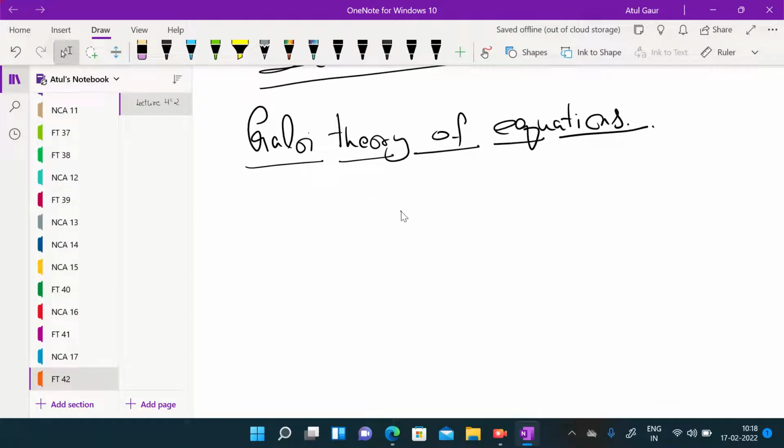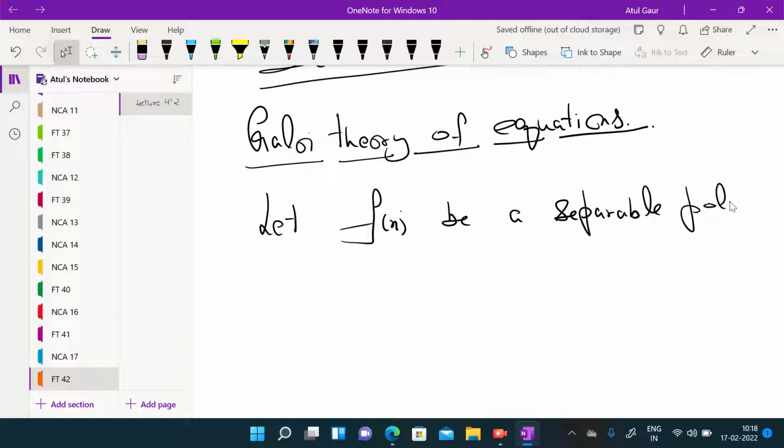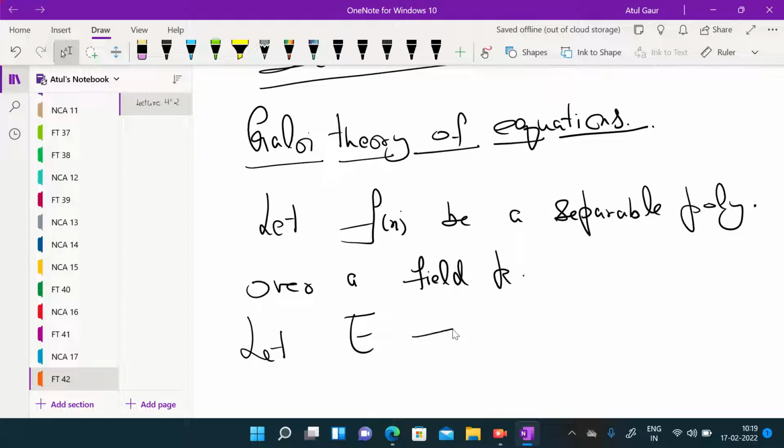So let's say you have a separable polynomial f(x) over a field K, and assume E is the minimal splitting field of f(x) over K.